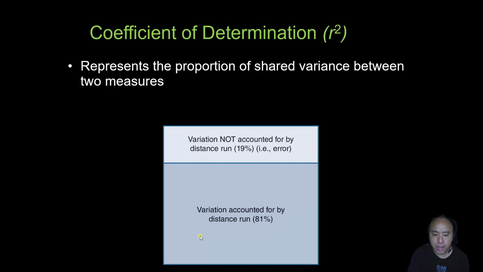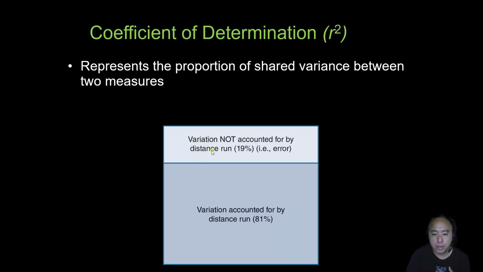So I have here an example of VO2 max. I know I don't have it labeled here, but this box represents the total observed variance in VO2 max. The area highlighted in blue is the percentage of that total observed variance that can be explained by, in this case, distance run.